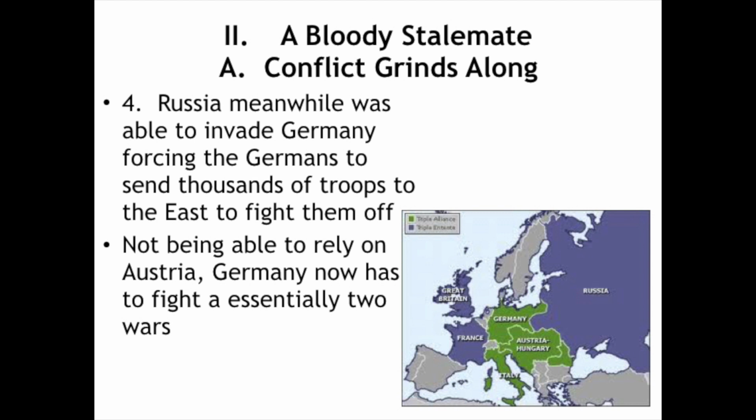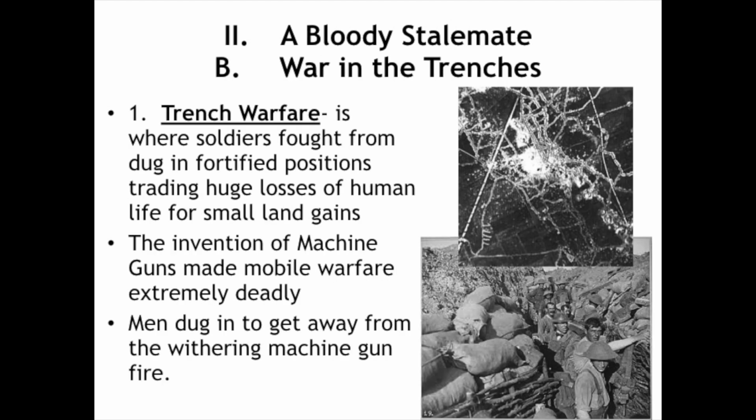So Germany now was sandwiched between two powers, France in the west and Russia in the east, fighting essentially two different wars. The stalemate that would ensue would be marked by something called trench warfare. A trench is essentially a fortified position that is dug into the ground.